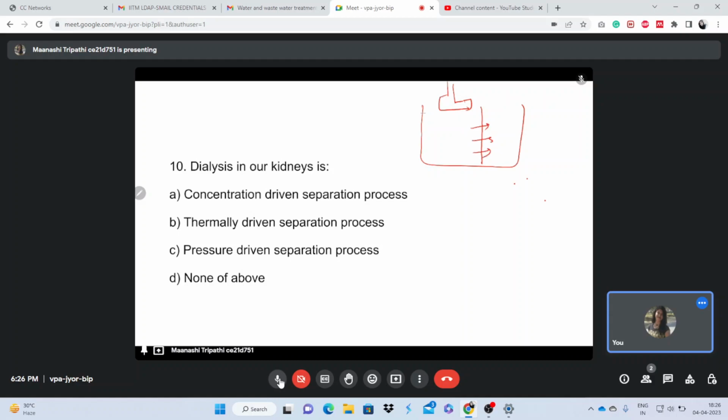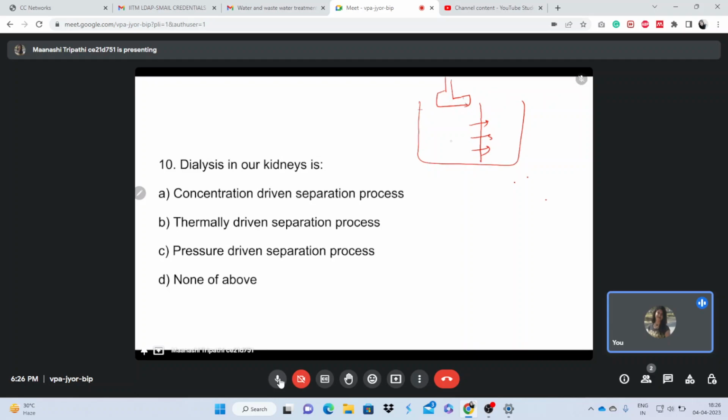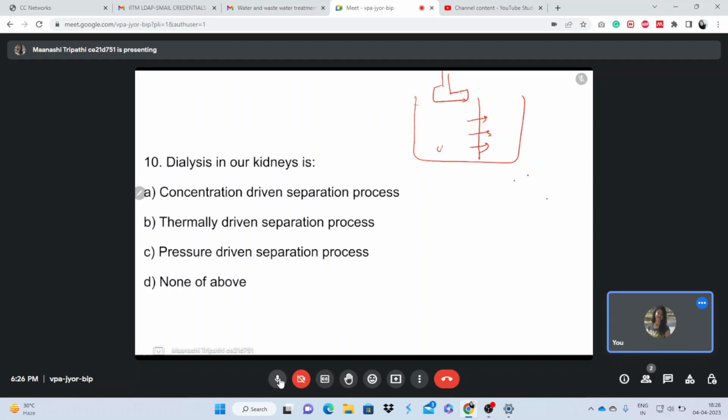This is what we call pressure driven. Even if the concentration is lower here, it will move like this. Next is concentration driven. With the same type of membrane, here we put high concentration and here we put low concentration. The things will move from one side to the other. This is called concentration driven.